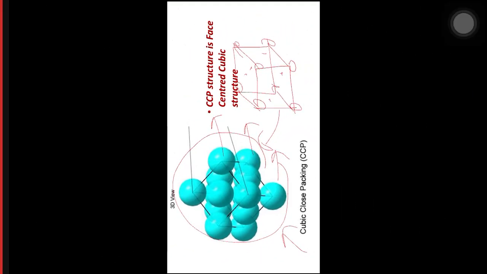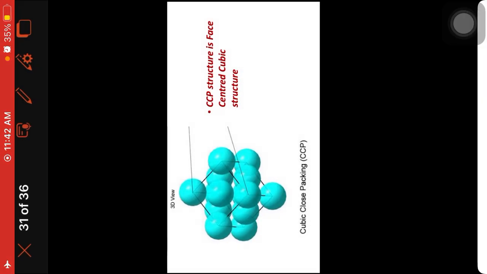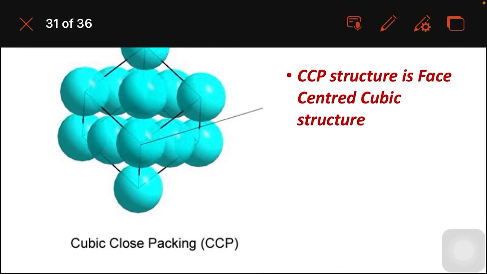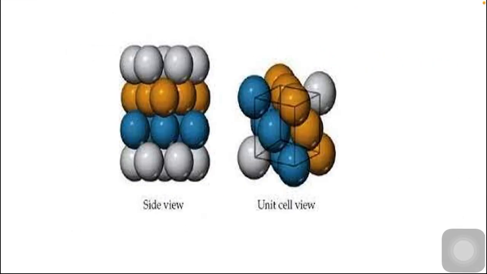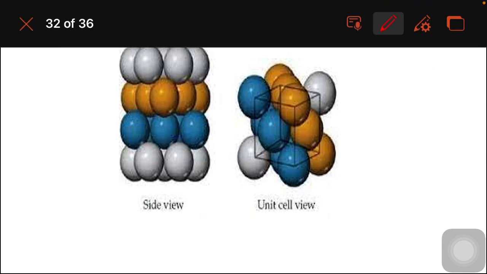So this is the cubic closed pack structure. This is the side view of stacking of atoms like ABC type, and this is the unit cell for this stacking. This is unit cell view.